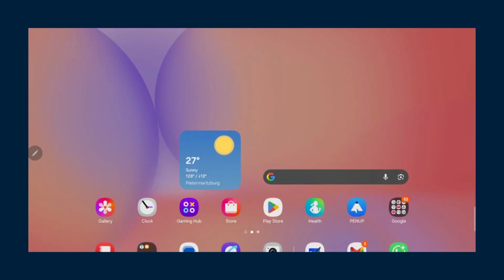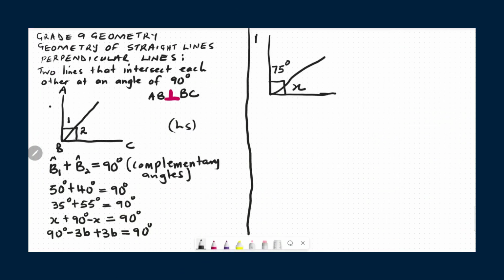Now they'll say calculate x. So x plus 75 degrees is equal to 90 degrees. And in geometry we always give a reason, so a statement and reason.